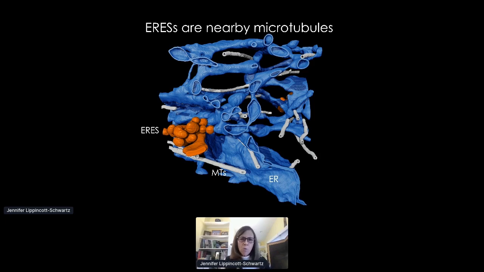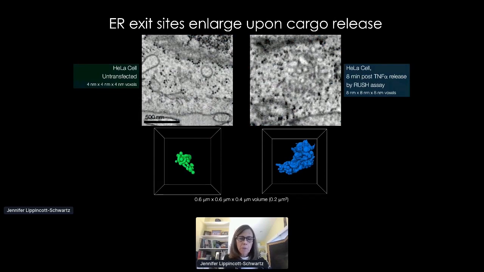I want to underscore that every ER exit site that we found had this type of morphology and was connected to the ER through one or two narrow necks. They were also very much associated with microtubules.